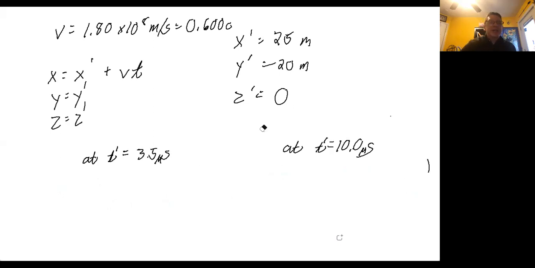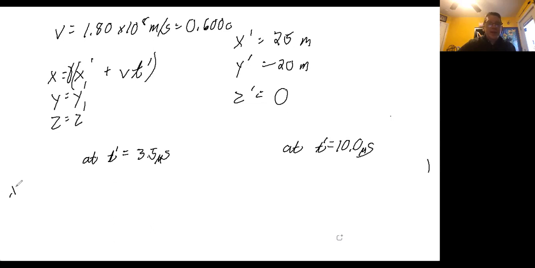So going back to the first slide we showed today, y and z are still equal to y primed and z primed, but x is now equal to gamma times x primed plus v t primed. So again, y and z don't change.